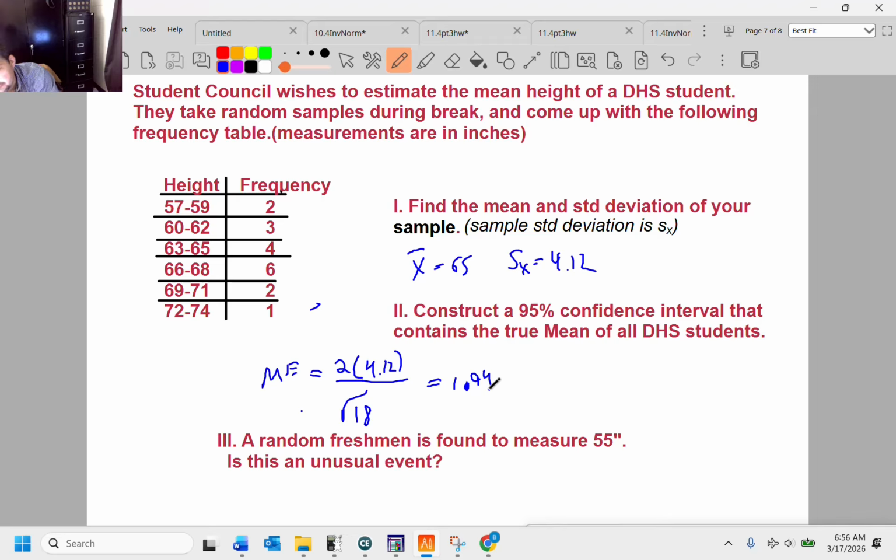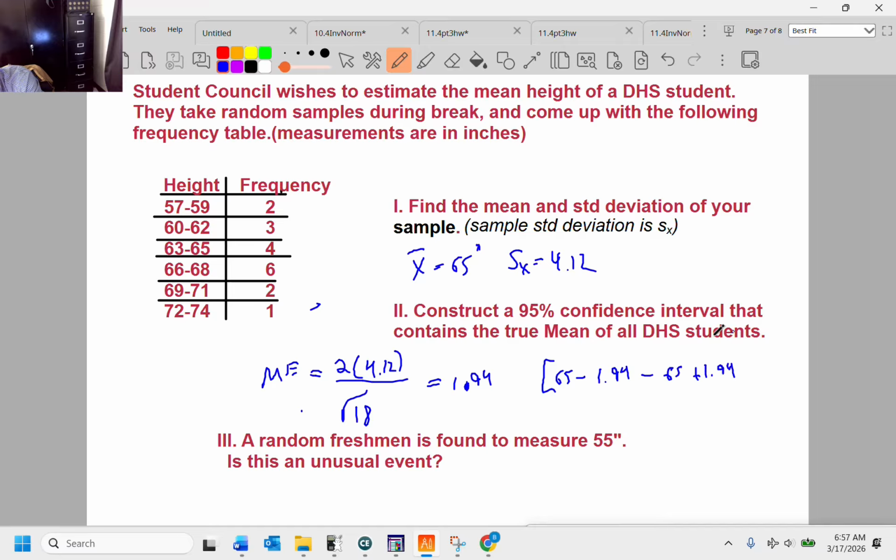All right, so our 95% confidence interval that contains the true mean of all DHS students. We have our 65, because that's the mean. Remember, this is inches. We're going to take away 1.94, and on the other side, we have 65 plus 1.94.